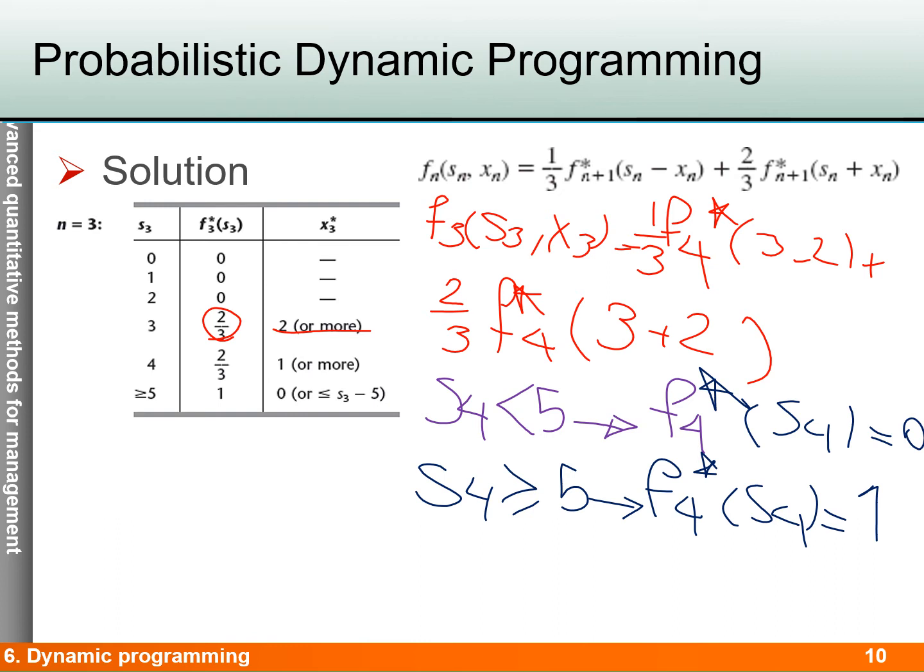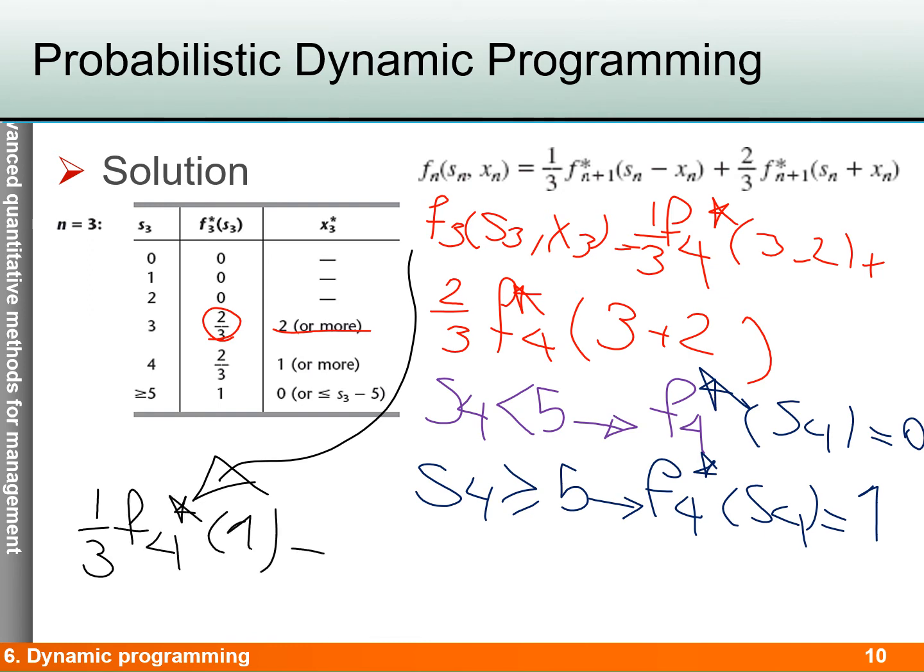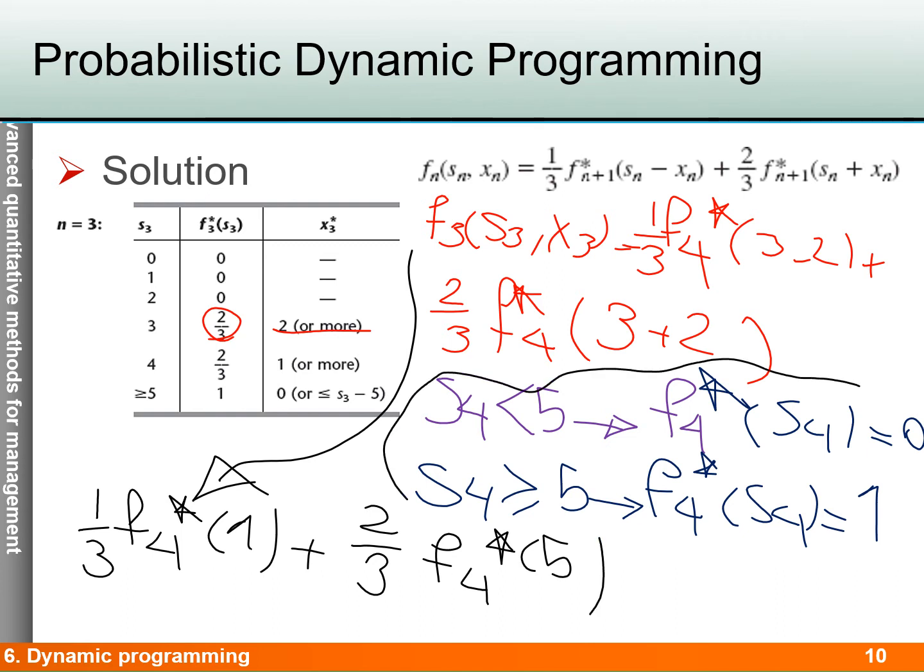So let's form our formula, this formula that we have in the previous part. That is 1/3 if 4 star of 1 plus 2/3 if 4 star of 5. Okay, so based on the definition that we have here, let's follow.